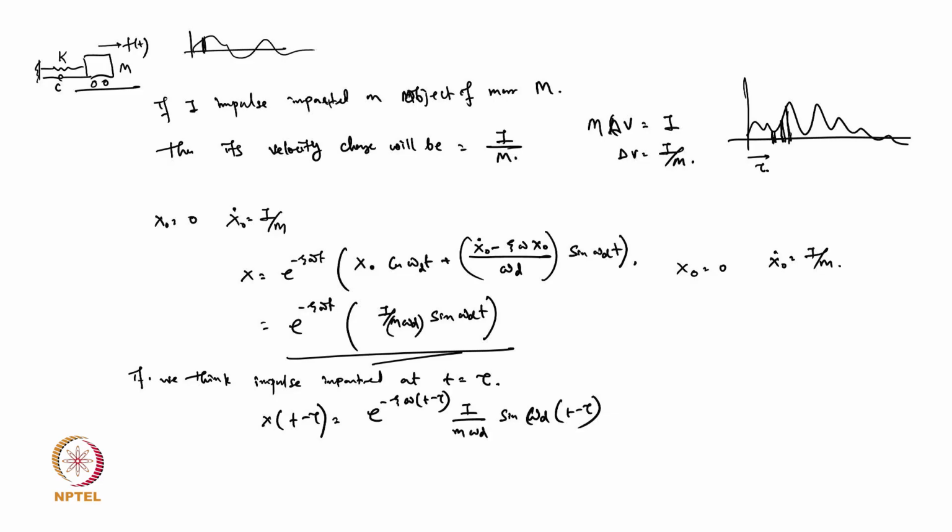Perfect. So for one impulse you will have that response, and for another impulse you will have different values. How can you calculate I? I will be f of tau, the impulse value.